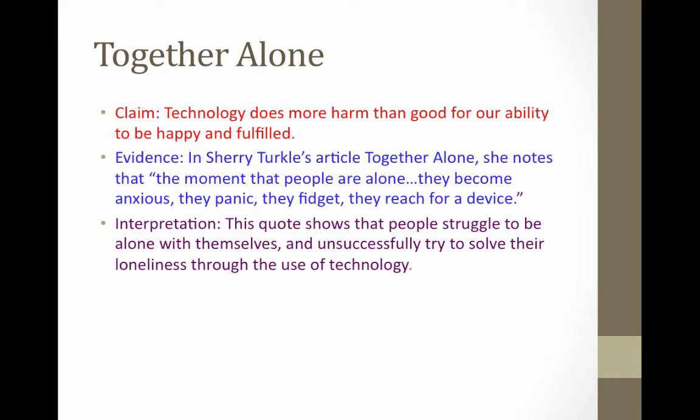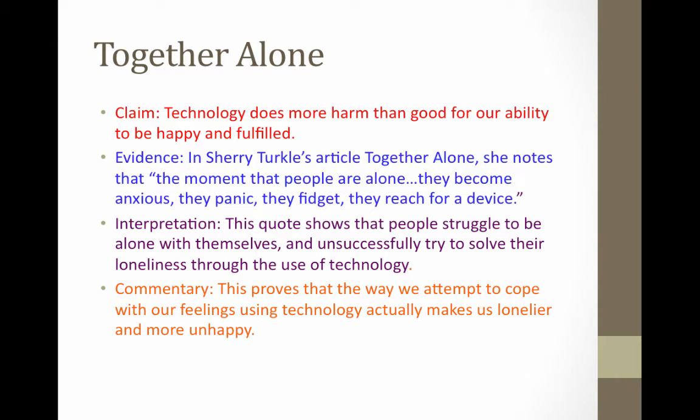If I'm going to interpret that evidence, I would say, well, in this quote, we see that people struggle to be alone with themselves and unsuccessfully try to solve their loneliness through the use of technology. So what I'm doing is paraphrasing or highlighting what I think is most important about the evidence that I've chosen. So again, interpretation builds on the evidence.